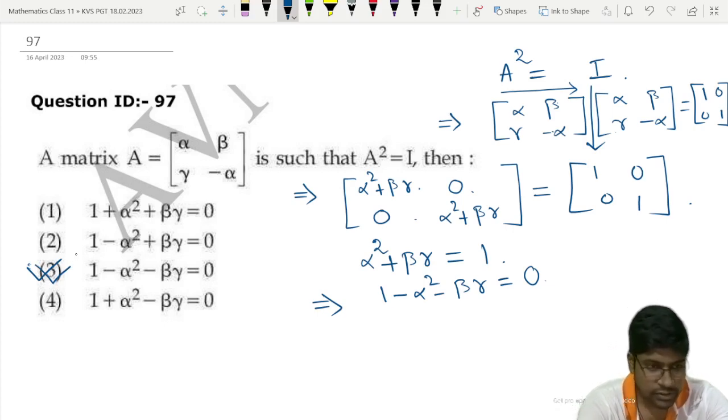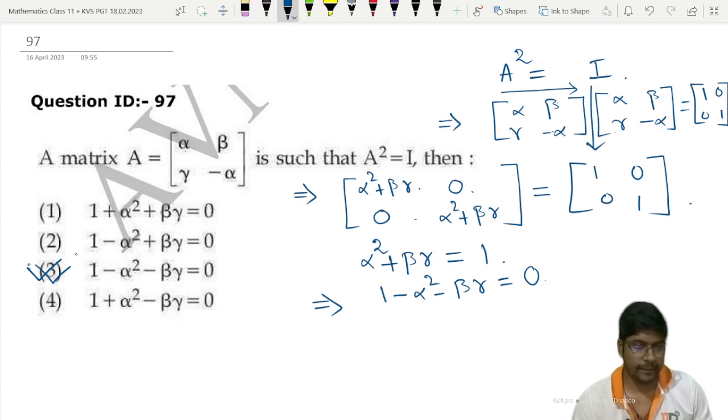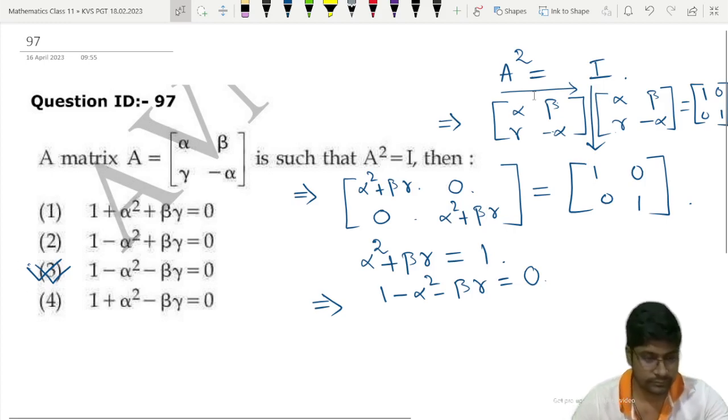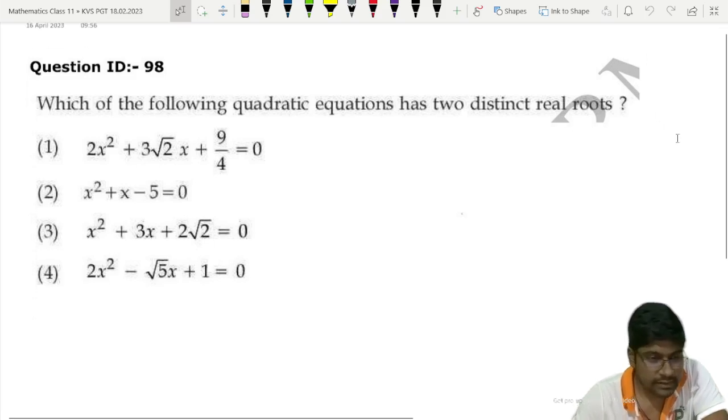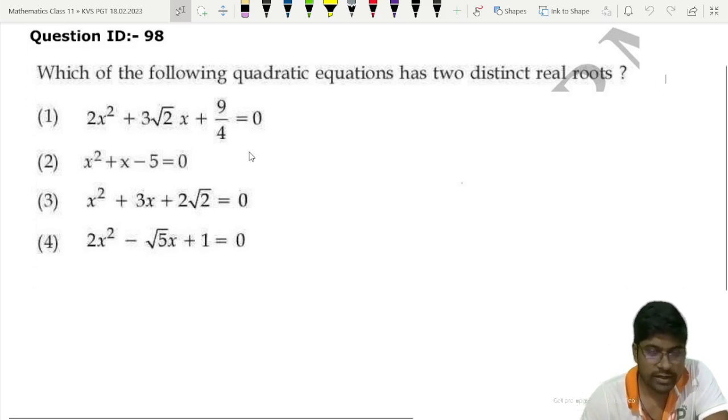Now come to question number 98. What it is asking: which of the following quadratic equations has two distinct real roots? For that, what condition do we have?